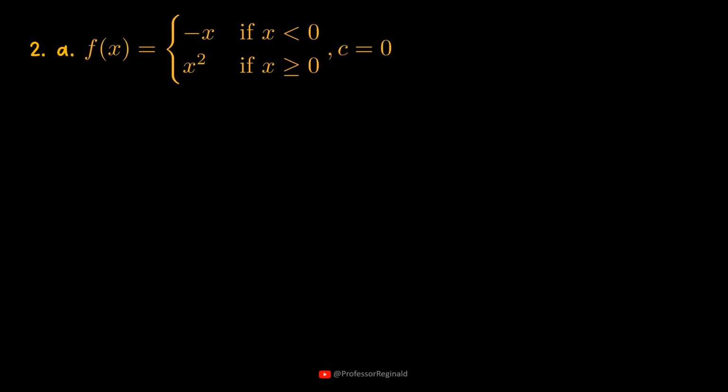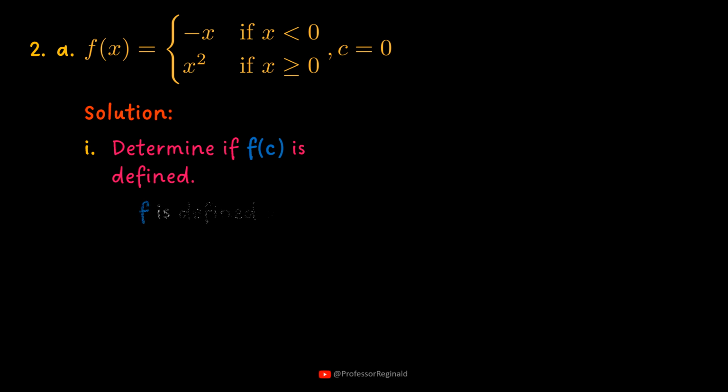Number 2. A. f of x equals negative x, if x is less than 0, and x squared, if x is greater than or equal to 0, with c equals 0. Solution. First, determine if f of c is defined.